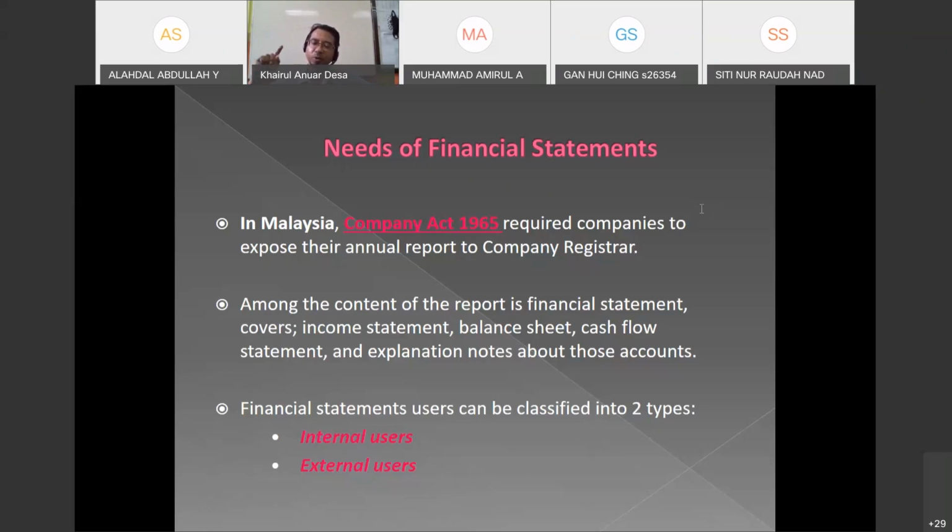Satu lagi, one very significant external user. Siapa pandai teka? One external user. Lender, yes, bank. Okay, the clue is sangat dekat dengan you all.